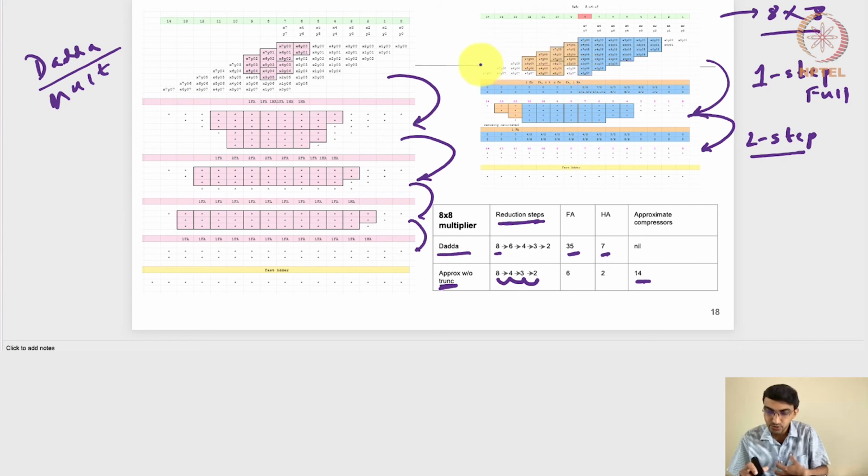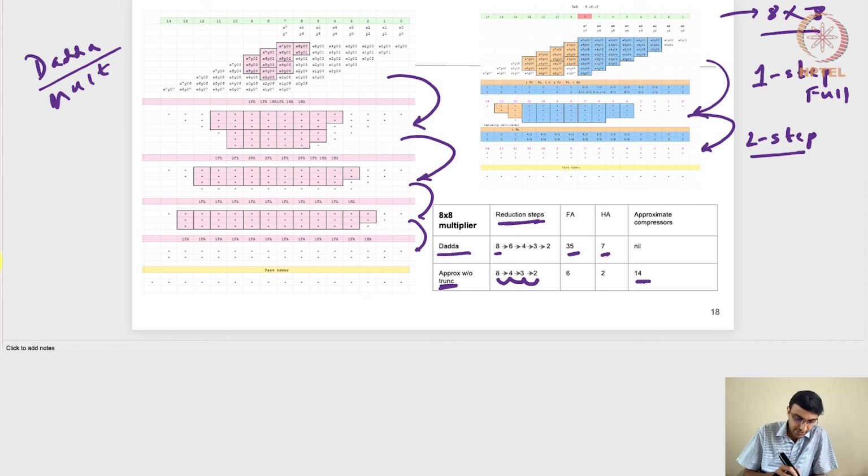So we can easily use the exact compressors or the approximate compressors and get the product values. But truncating the lower LSB side is not going to make that much of a difference between the inaccurate results and the exact results, right? So that is what is called truncation.